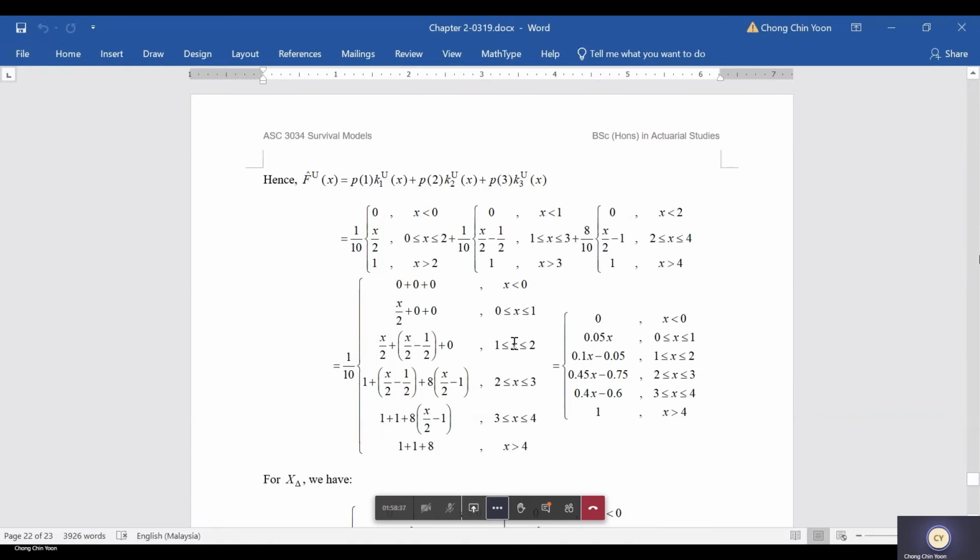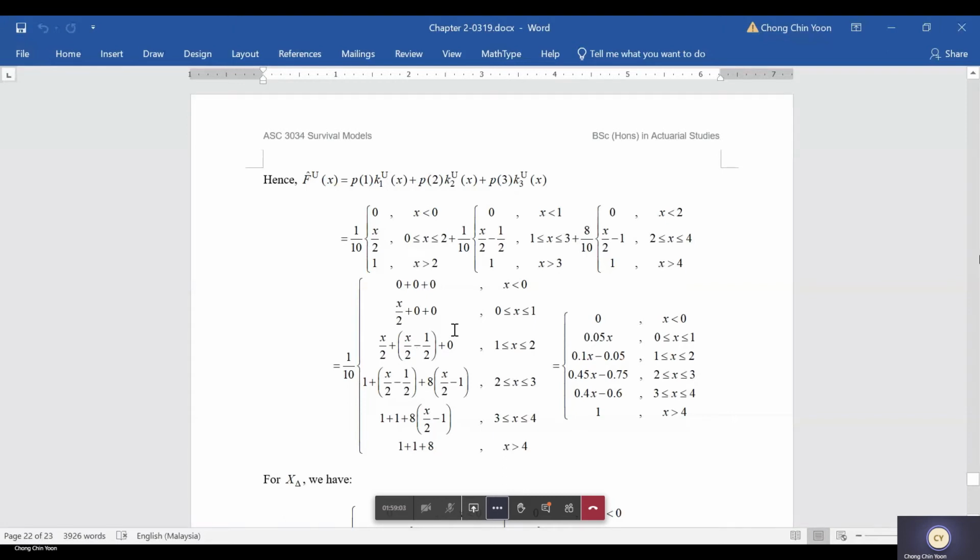So when x is between 1 to 2, the first piecewise function is still this piece, that is x over 2. Now we go to the second piece. From 1 to 2, the second piece will reach this piece here.